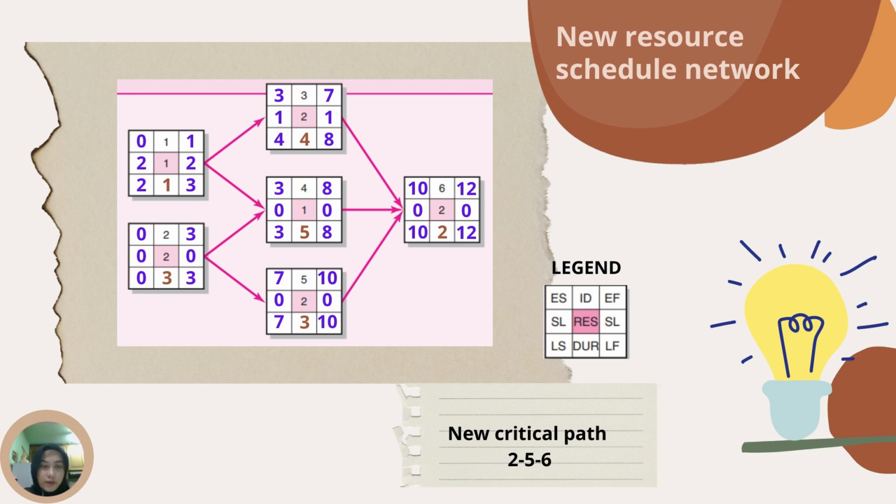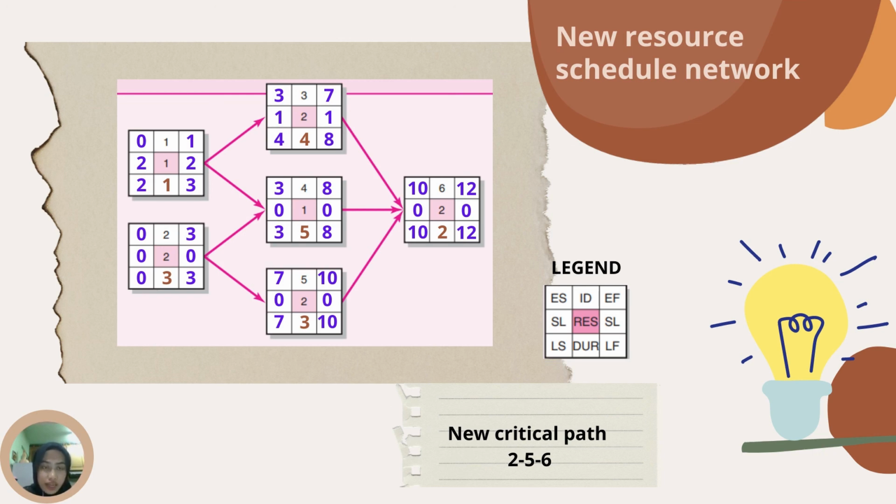Thus, since the resource available is 3 for 1 day, the critical path of this project will be changed. The new critical path for this project is 2, 5, and 6. From ID6, the LF number is 12 and the ES number is 10.